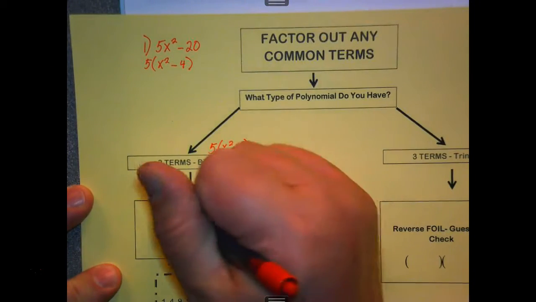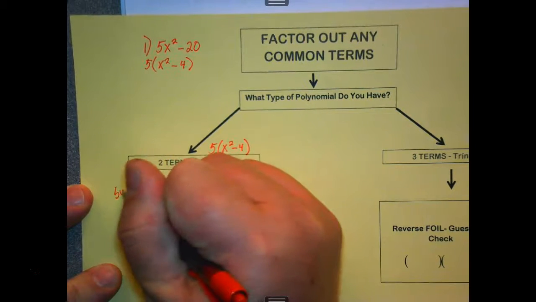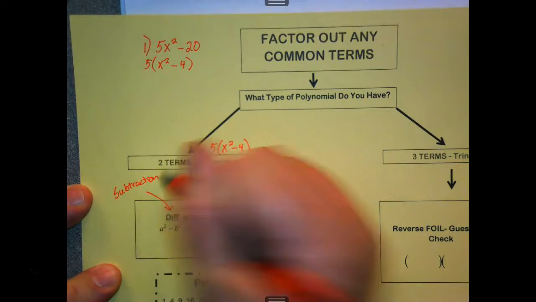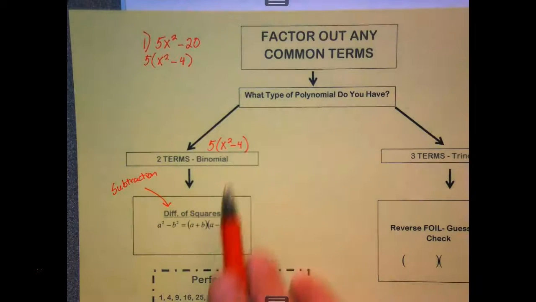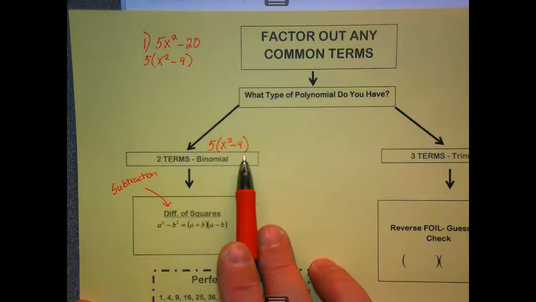Difference means subtraction. And I do indeed have subtraction. Then I look to see if I have perfect squares. Well, this is definitely a perfect square because it says so, x squared.